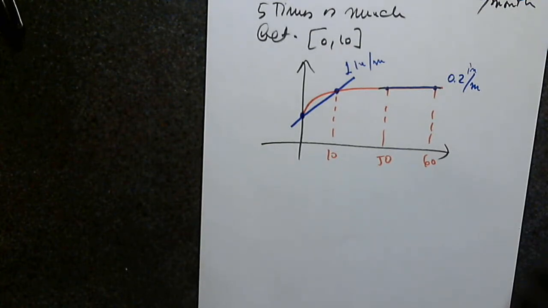So this is 5 times as much between 0 and 10. Any questions for me?